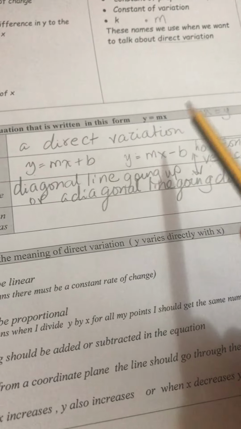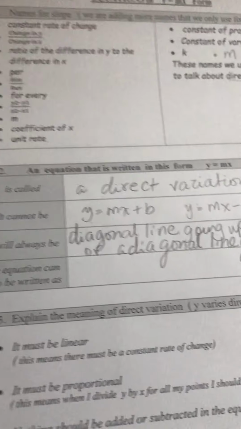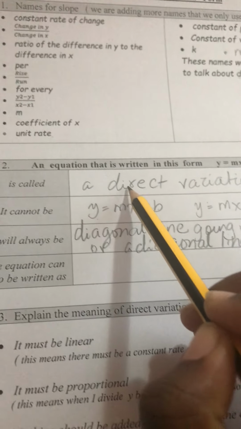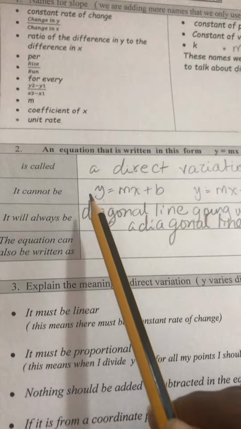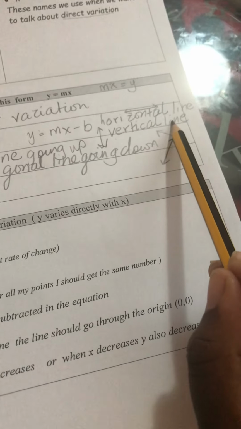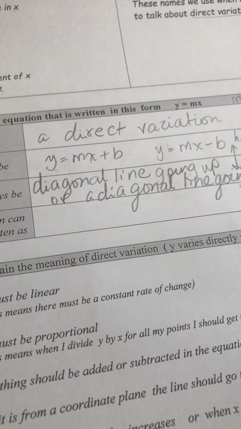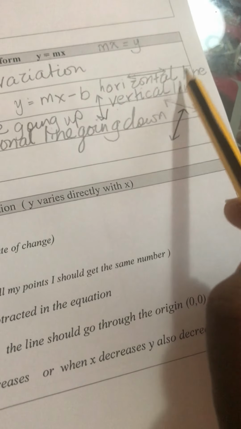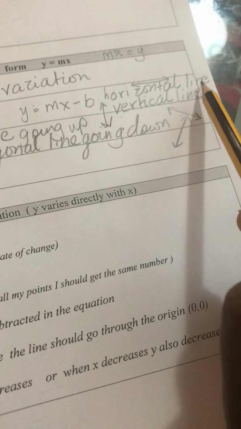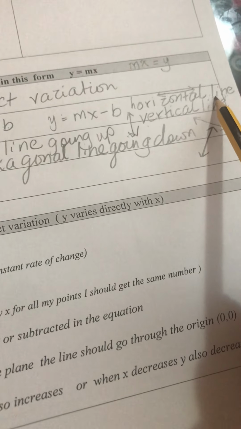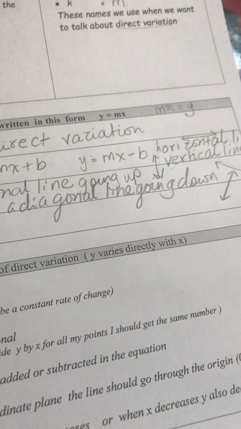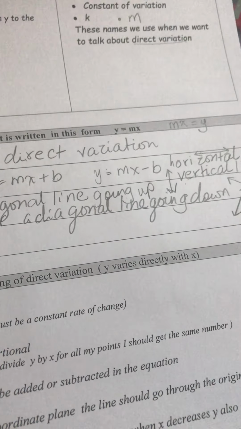So we are saying it is called a direct variation. There. It also cannot be zero. That is why we are saying you cannot write the horizontal line. It cannot be a zero slope.